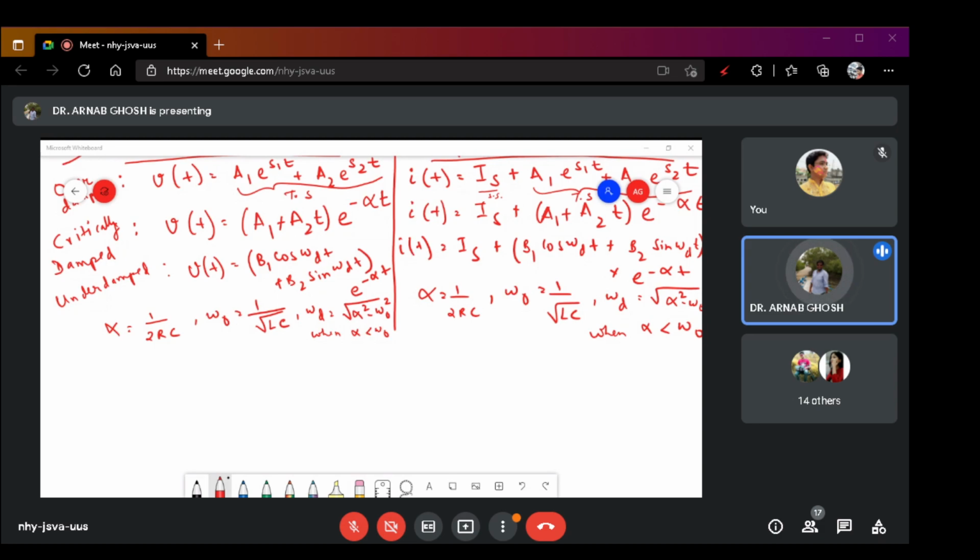See, for the natural response, first let me do the natural response. The natural response is the voltage constantly decaying, so this will be Vt, this will be t.